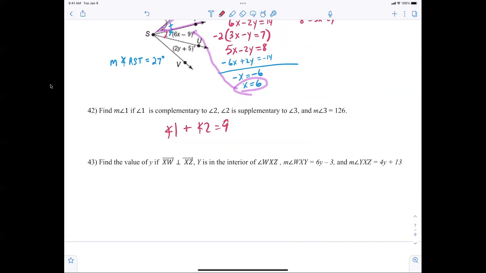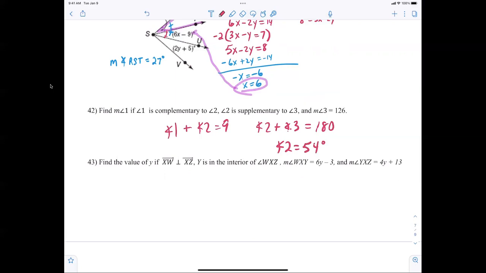And angle 2 plus angle 3 is equal to 180, right? Well, that wasn't that hard. So if angle 3 is 126, then angle 2 had to have been what? 54, right?